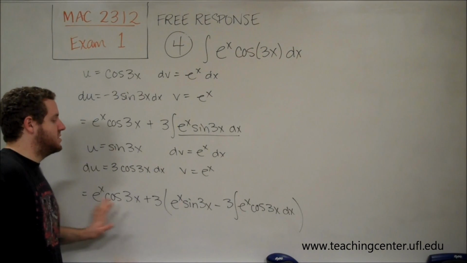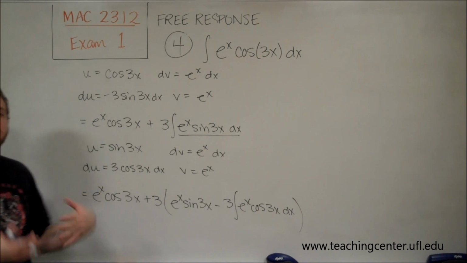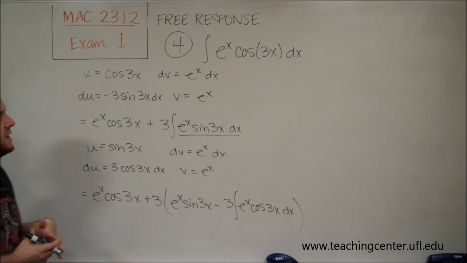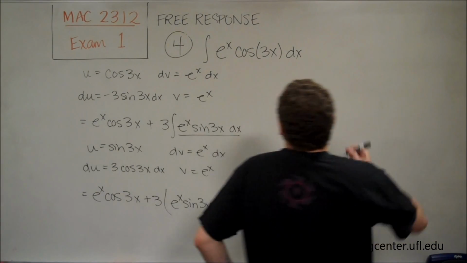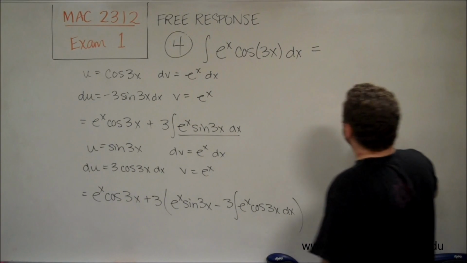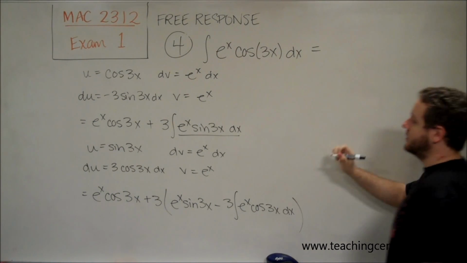So what we need to do now is just distribute everything, and you'll see how it'll work out so that we're done, really, at this point. So this is equal to everything we have over here.